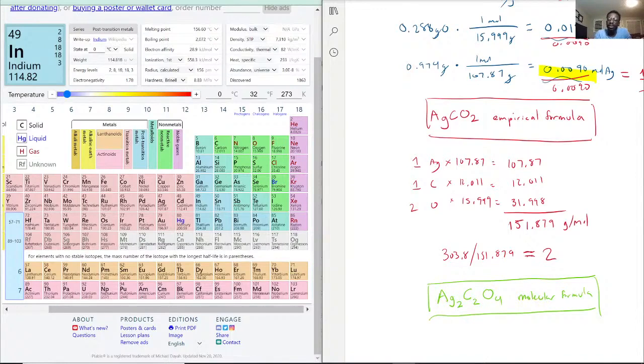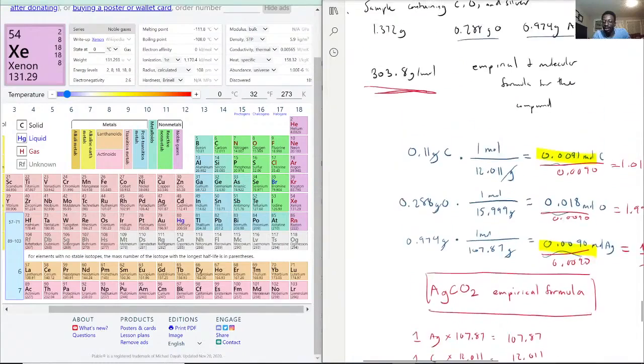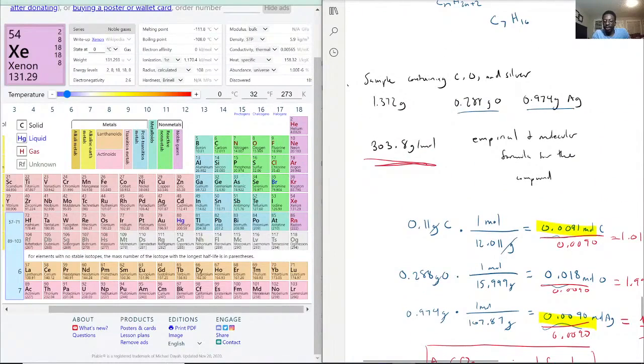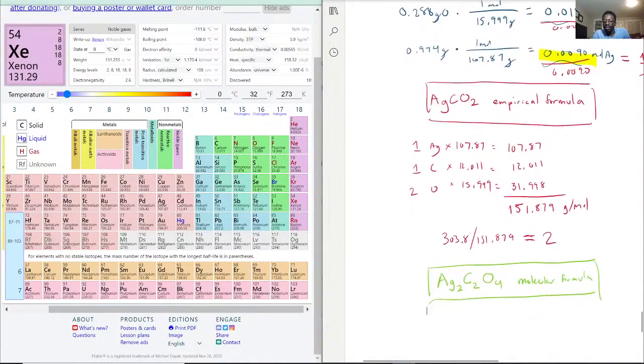You'll see that the math checks out, because 303.8 is the molar mass of the molecular formula.